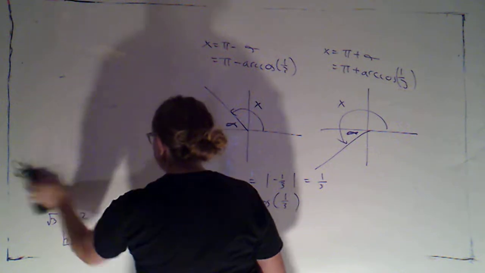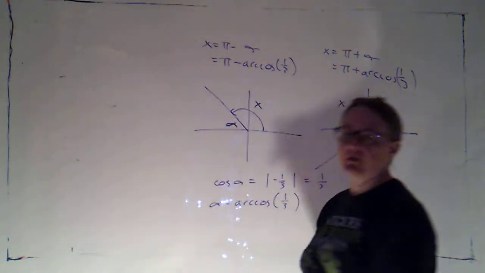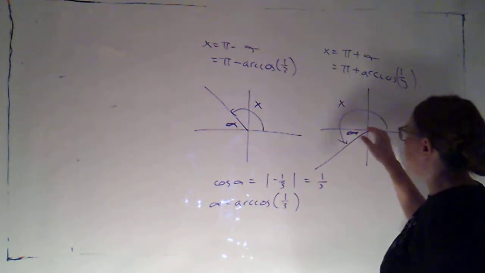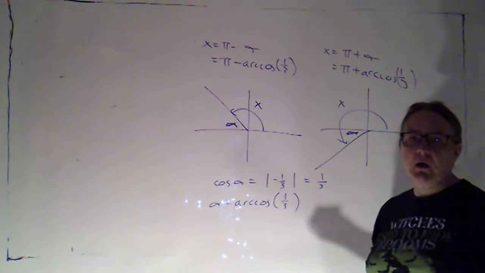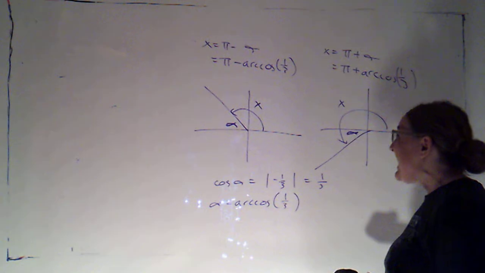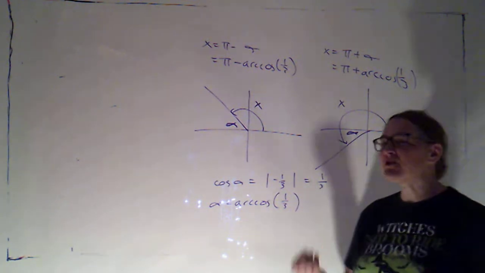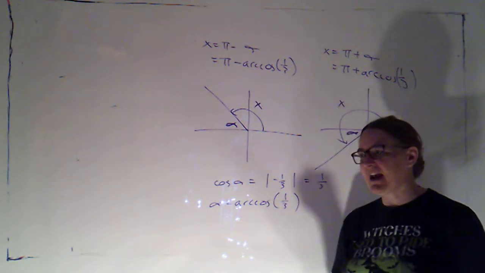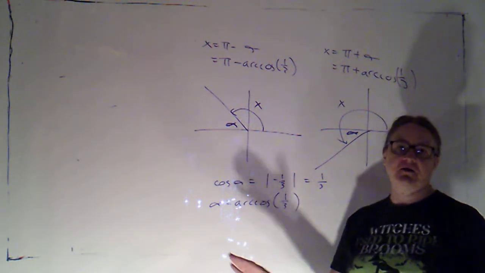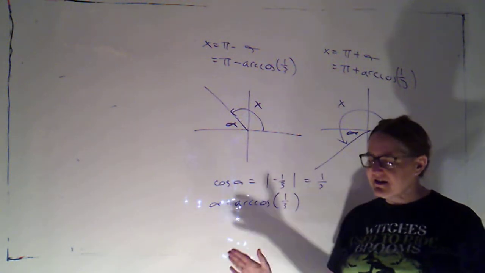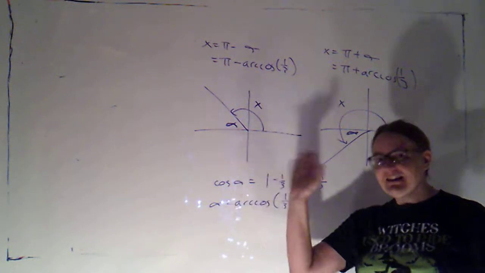I think it's simplest to always just find the reference angle because you're going to use the same reference angle in describing all of your solutions. And what's nice is the reference angle, because it's an acute angle, is in the range of every inverse trig function. So I don't have to think, does this inverse trig function give me an angle in that quadrant?